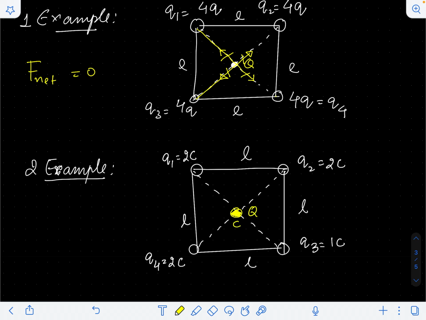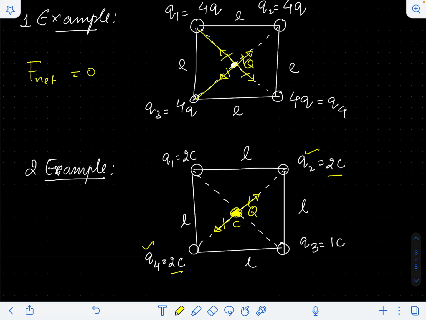Let's say this is Q. So what is the net force acting? From the symmetry of this diagram we can say that the forces applied by Q2 and Q4 will cancel each other, as one force will be in this direction, another force will be in this direction. They have equal charges and equal distance from C. But the charges at Q1 and Q3 are not of the same magnitude.